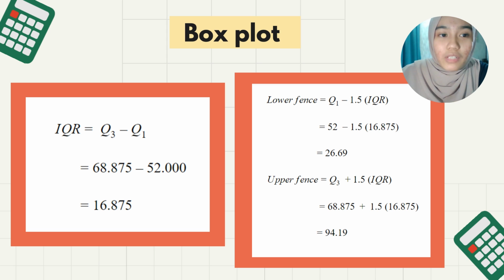Next, to calculate the lower fence, the formula is Q1 minus 1.5 times the interquartile range, and the answer for the lower fence is 26.69. As for the upper fence, the formula is Q3 plus 1.5 times the interquartile range, and the answer for the upper fence is 94.19.